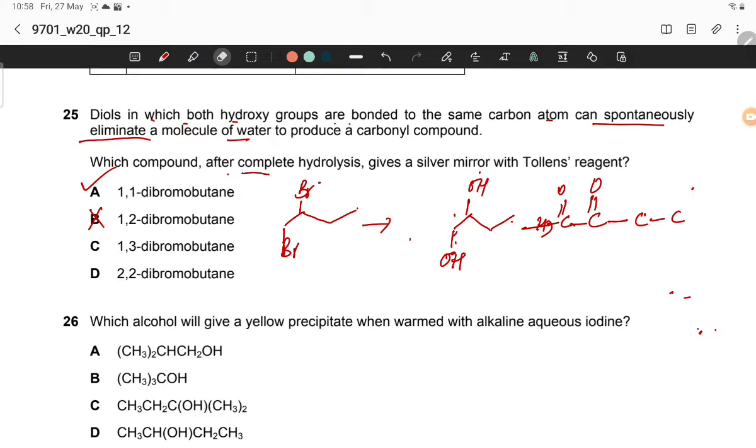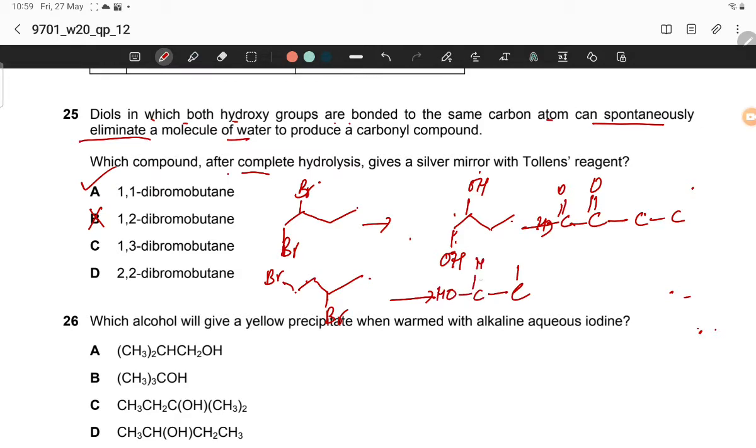1,3-dibromo. 1 2 3 4. 1,3-dibromo gives OH.